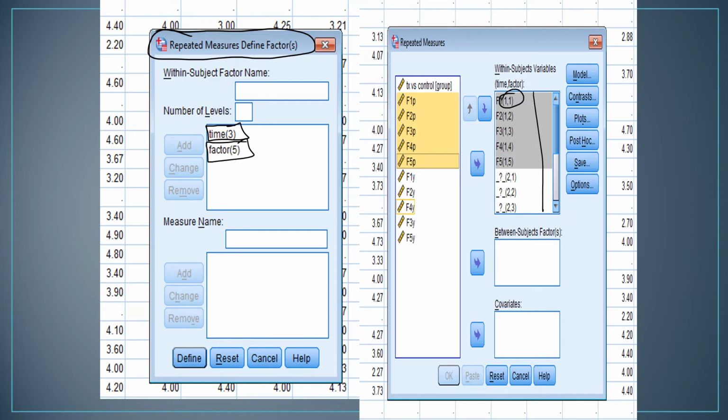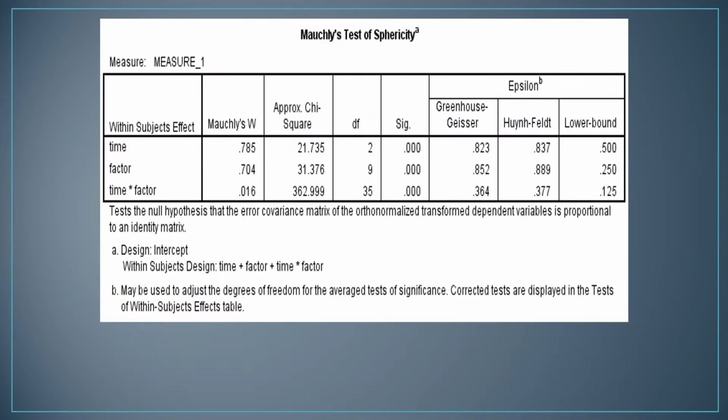So now you just have all of these within subjects variables listed here. And so that represents every single cell or group that is being compared. And so then you would still get your test of sphericity, and where you can use Greenhouse-Geisser, but you also have lower bound if you need it, or Huynh-Feldt if you need that one as well.